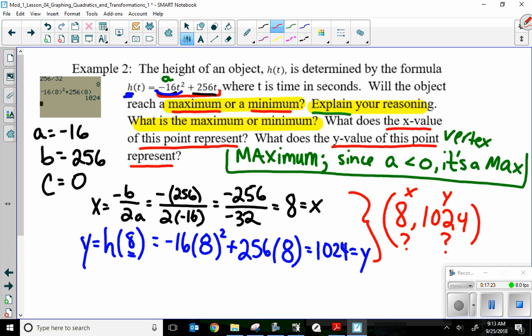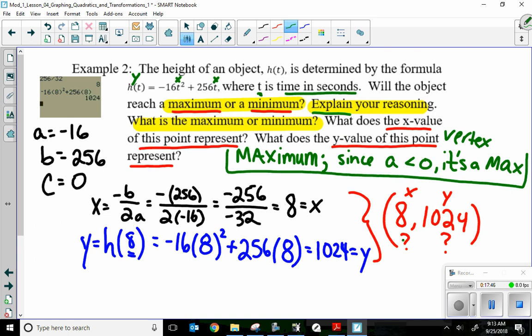In order to figure that out, I'm going to look at the original equation. Let's not forget, this is the same as y, right? And my t's are the same as x's. T is time in seconds. So therefore, my x is time in seconds.